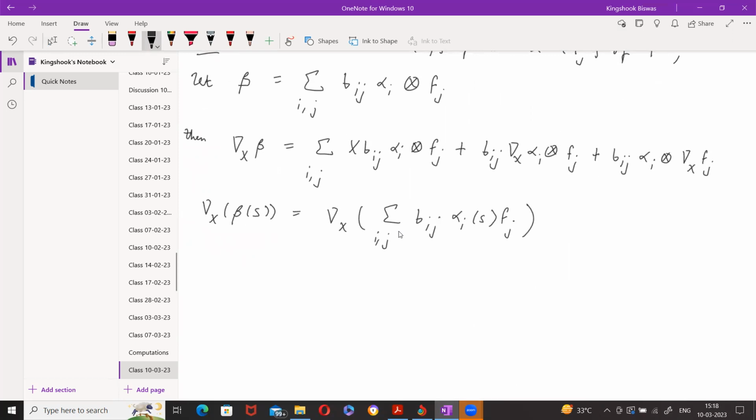So by the usual rules for a connection, this will be the sum over i,j, by linearity and the Leibniz rule. So I'll have to differentiate this product of these two functions, so I'll use the usual Leibniz rule for functions.